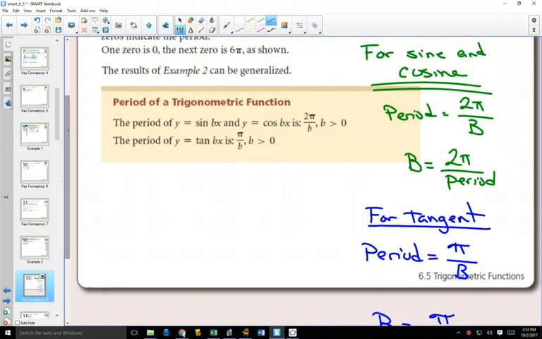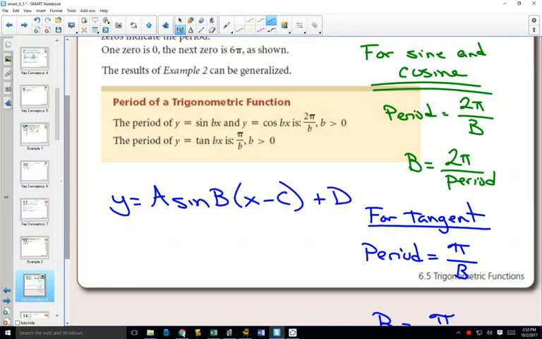Eventually, we're going to have a bunch of letters. A sine b, x minus c plus d. Alphabetical order for the letters. So A stands for all of your vertical stretches and compressions, which also corresponds to A for amplitude. B is going to be all of your horizontal stretches and compressions, which corresponds nicely for B for period.